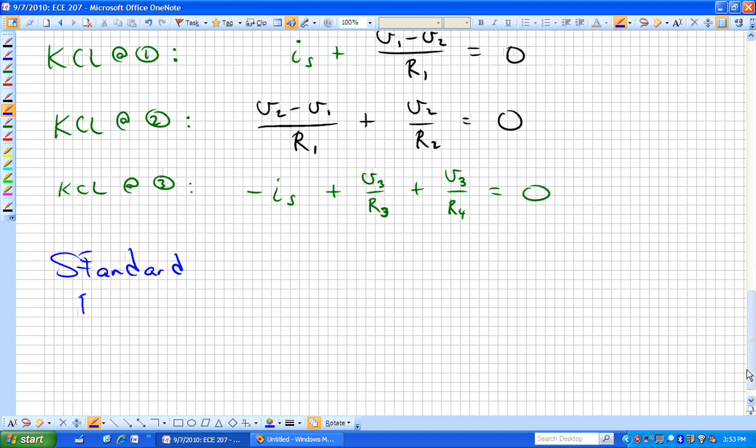And the reason why we might want to write it in the standard form is so that it's easier for me to be checking your work. But in this case, we have what's multiplying V1, what's multiplying V2, what's multiplying V sub 3, and all the other terms on the other side.